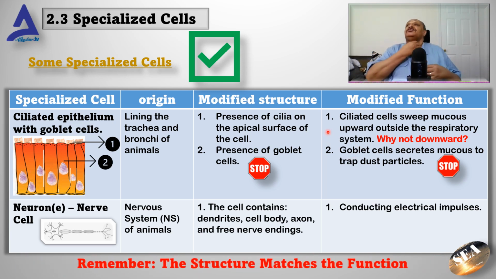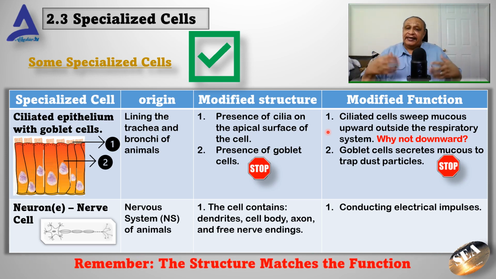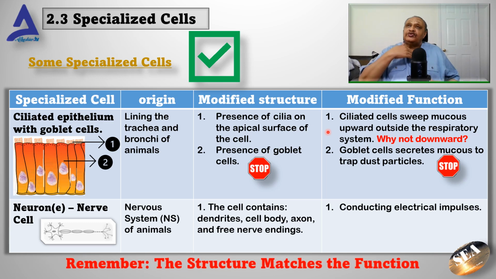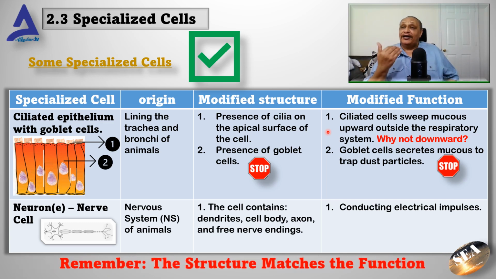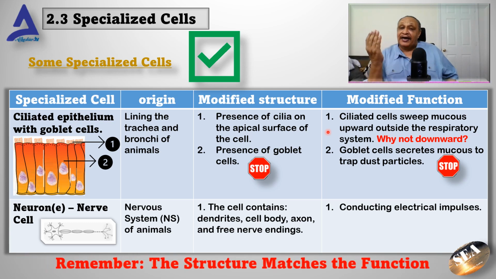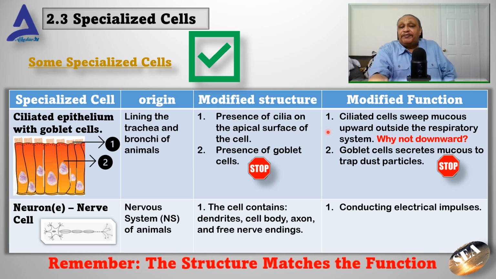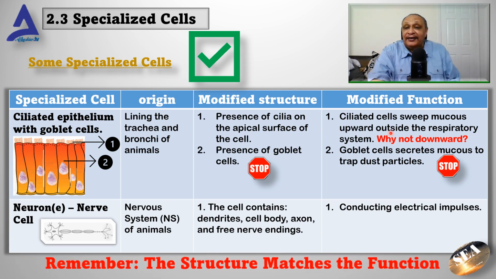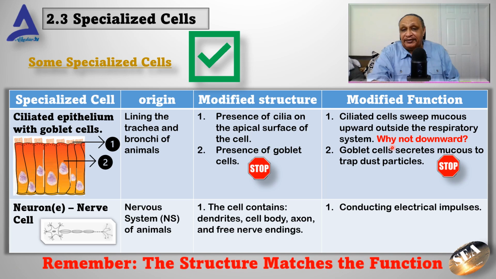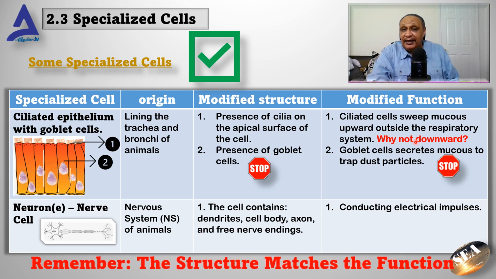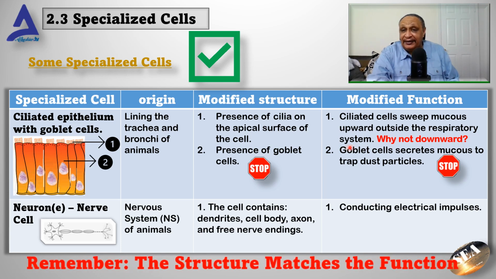So in the respiratory system, when there is mucus, it is swept outside, or actually mopped outside. So the question is, why outside the respiratory system? Why not downwards? It is upward, outside the respiratory system.